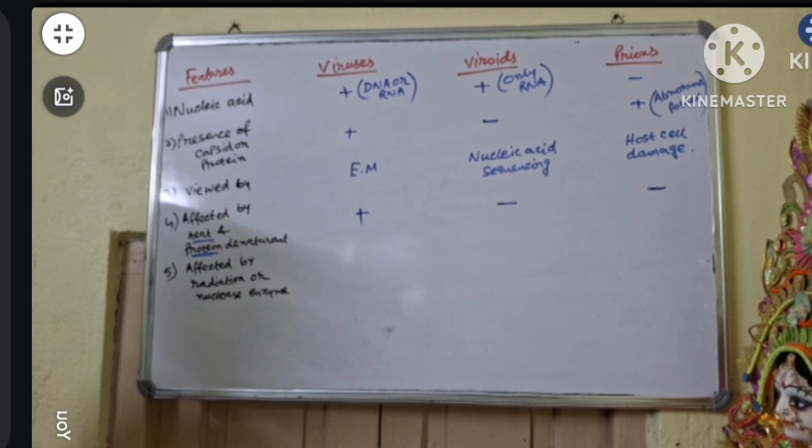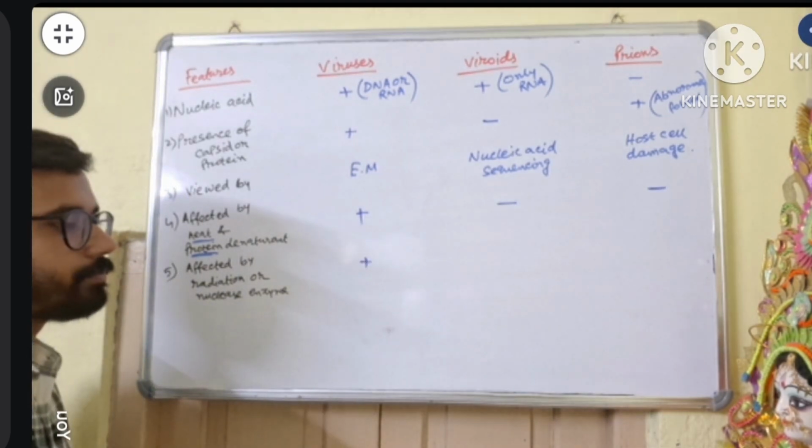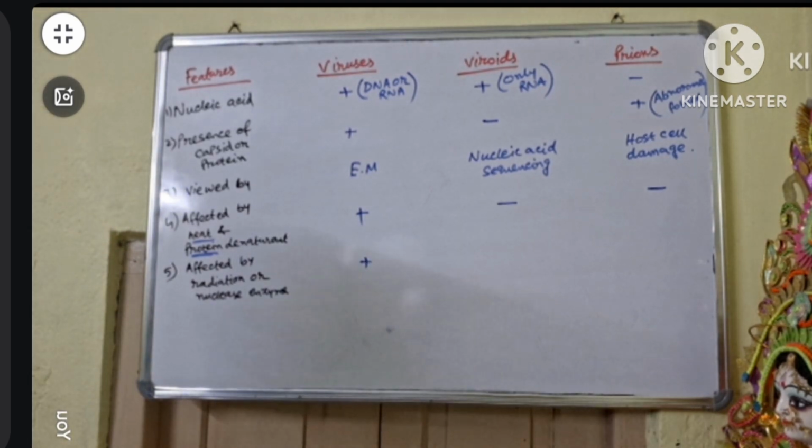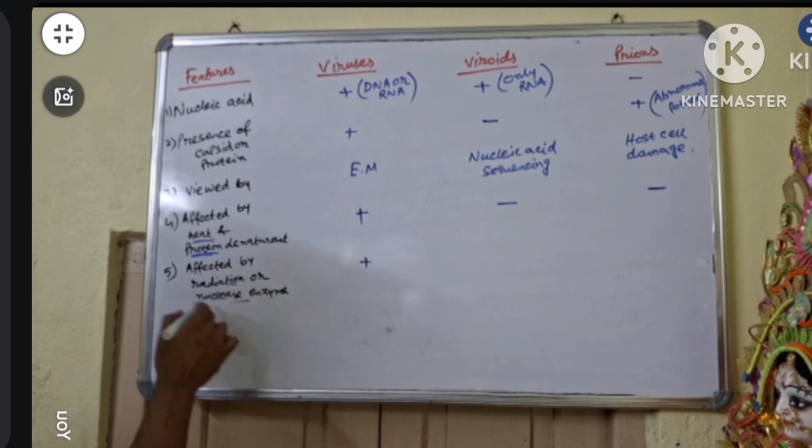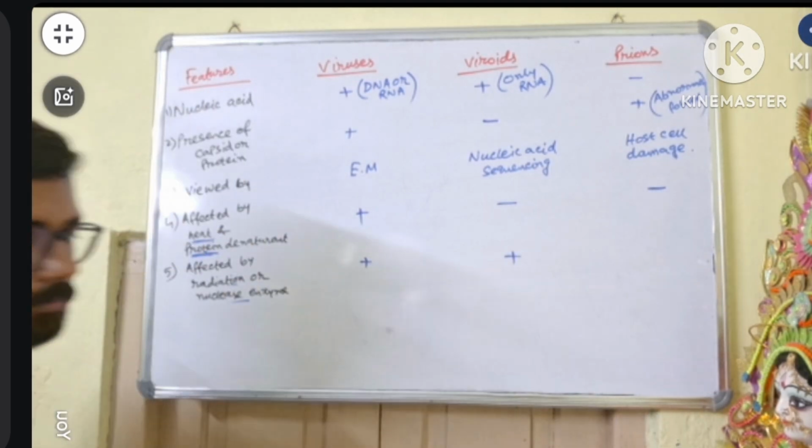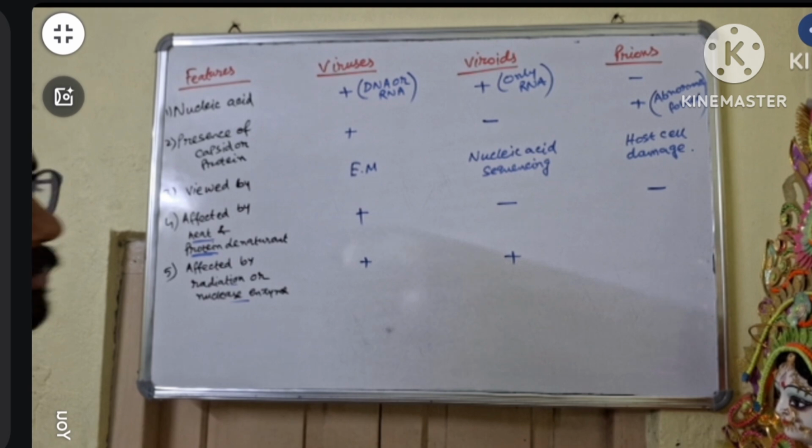So can viruses be affected or not? Virus affected? Yes. Viroids: RNA present, radiation and nuclease can affect. But prion? No.